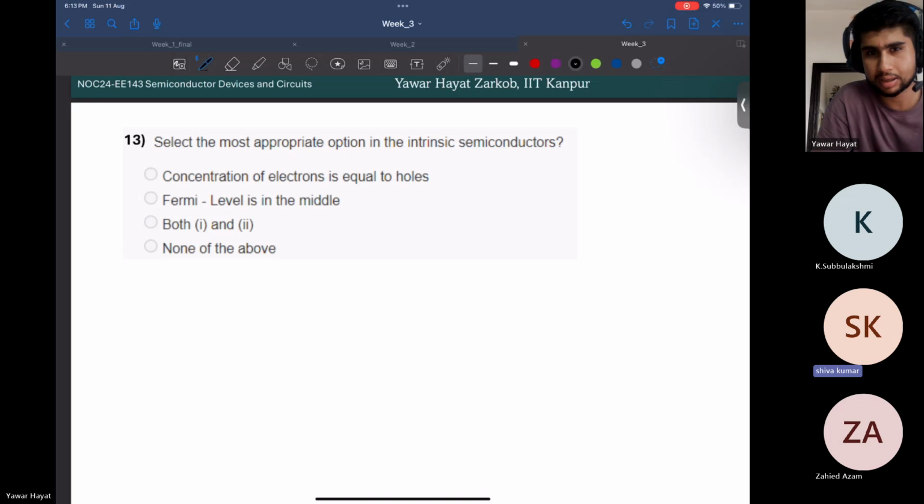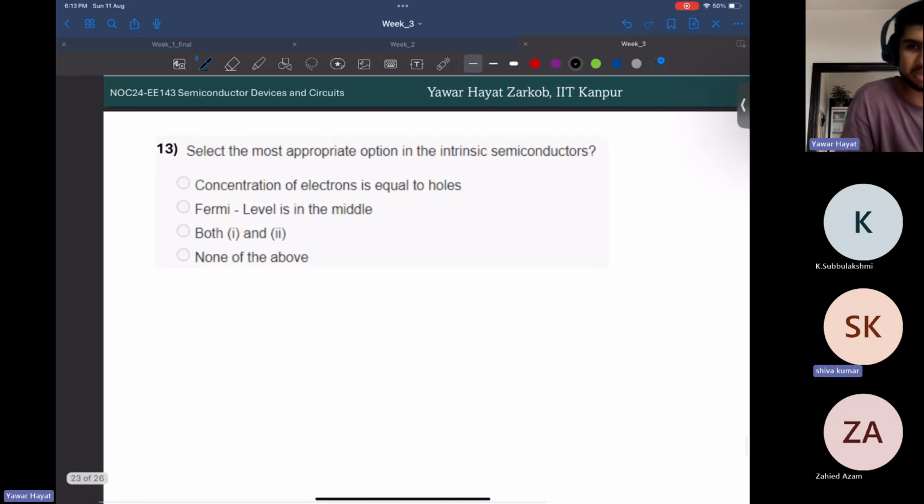It depends on the effective mass of the electron and hole. Correct. Because we already saw that problem, right? Unless we have the same hole and electron effective masses, the Fermi level won't be in the middle, right? I appreciate that. That was a good answer. I need not explain it again.